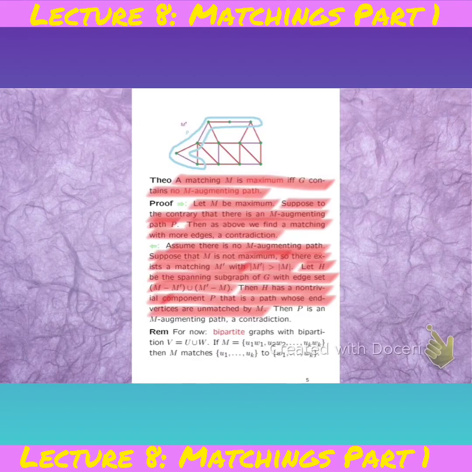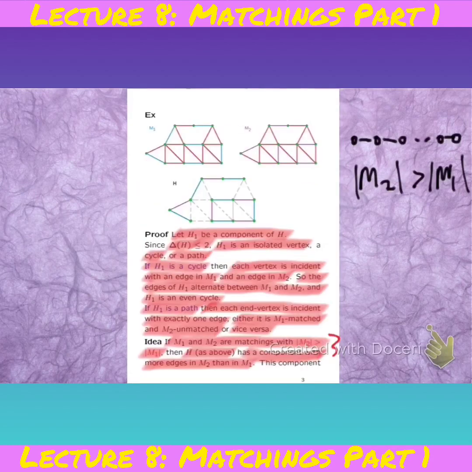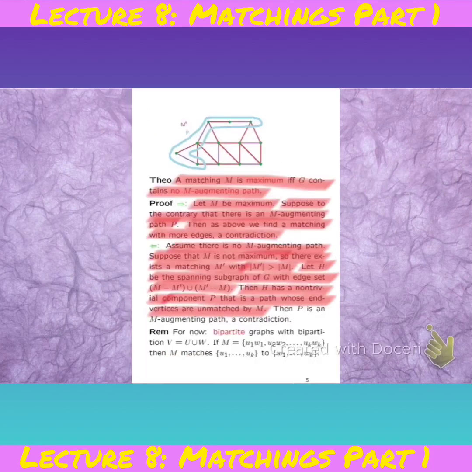Now remember, where do they get that from? Again, they get it from this little explanation we gave here, where you are going to get a path that has more of your larger matching's edges than your smaller matching's edges, and then you're going to have such an alternating path.